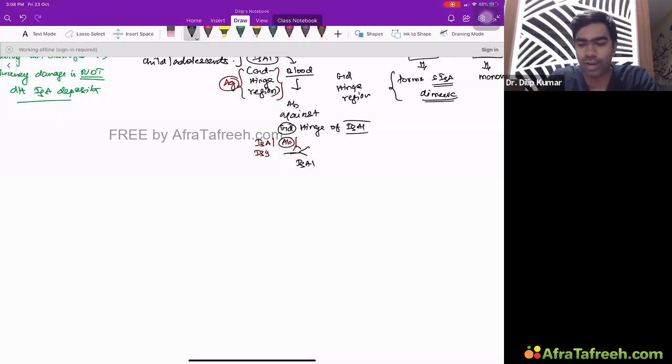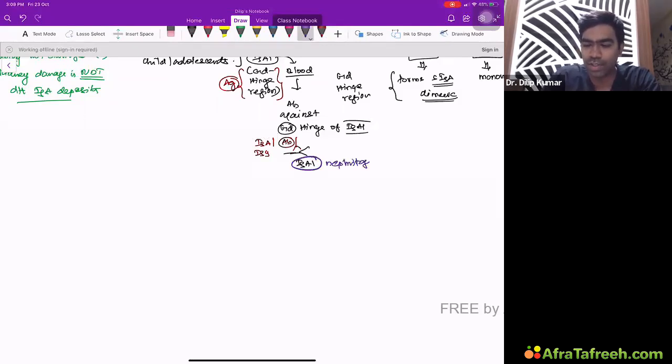The antibody that is formed may be IgA or IgG type, but it is actually formed against this IgA. So that's a very important question in exam. They will ask you, this IgA1 is the one often referred to as nephritogenic IgA. IgA2 is basically not a nephritogenic IgA, and IgA1 is. Why is it nephritogenic? Because it has the galactose deficient hinge region.